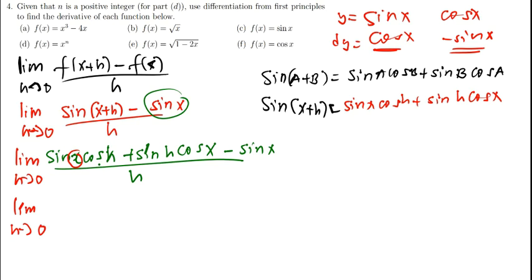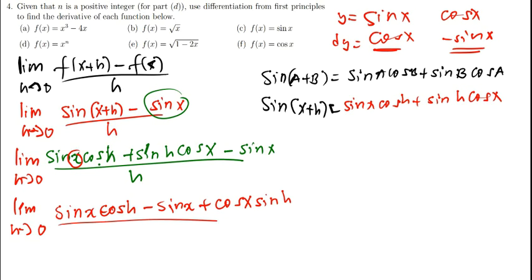I'll write sine x cos h, then minus sine x here, then plus I have now to put this, which is cos x sine h. I will write it like that. I divide it by h.